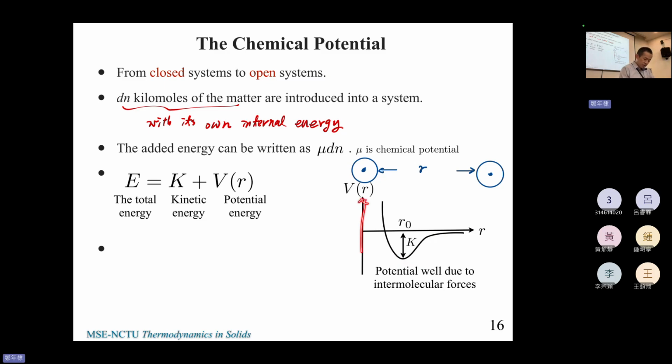V is the potential energy. V(R) is a function of R. R is the distance between the two atoms. So it will always look like this.